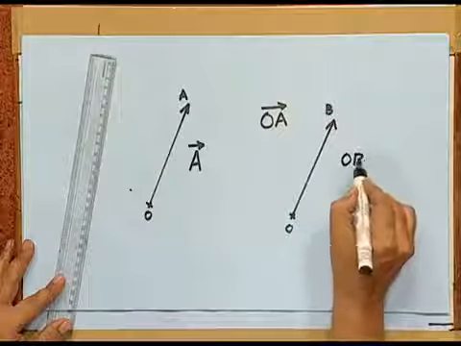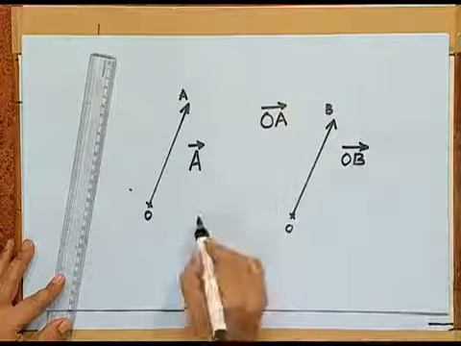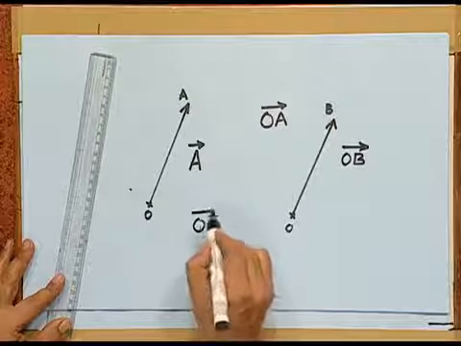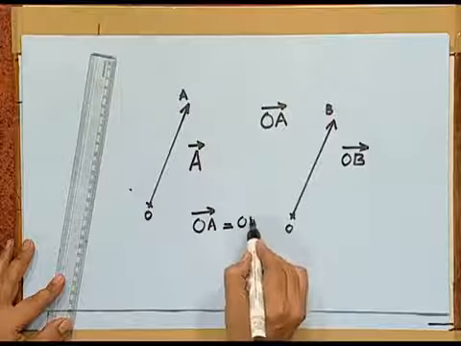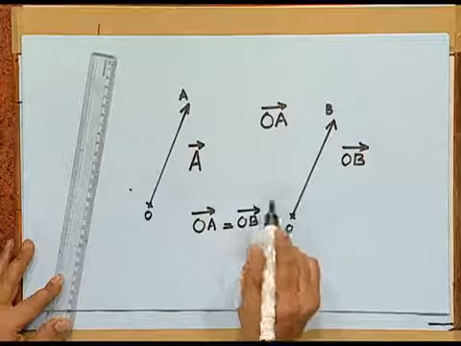Then we say O A is equal to O B. These two are same because both of their lengths are same, their directions are same. So, when you say two vectors are same, we mean their magnitude as well as the directions are same.